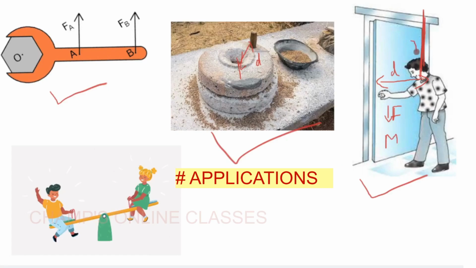What would have happened if the handle had been closer to the hinge? It would take us more force to open a normal door, and we don't want that. We don't want to put in extra effort for something as simple as opening a door.